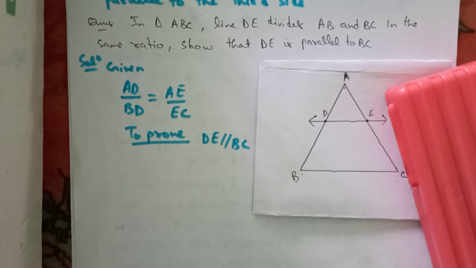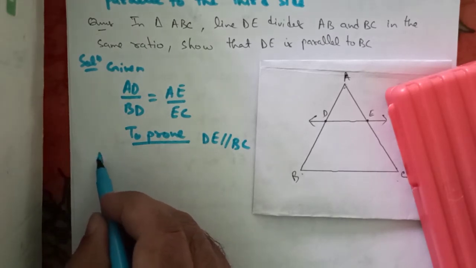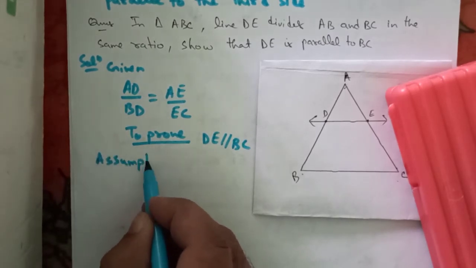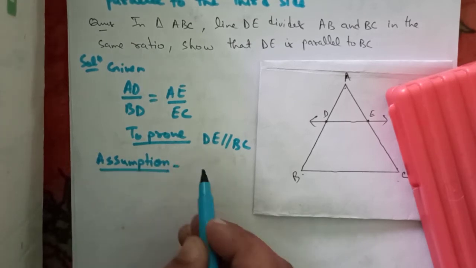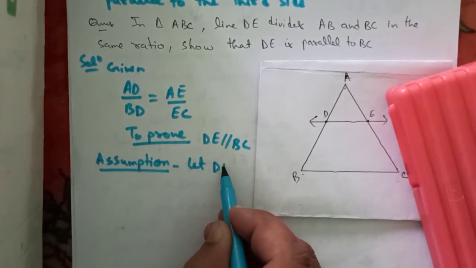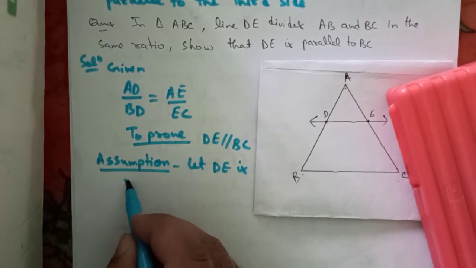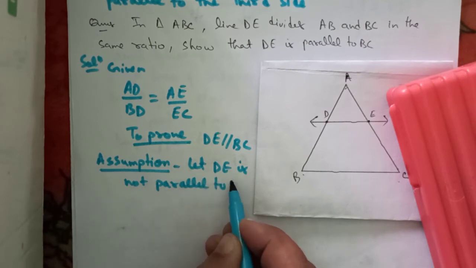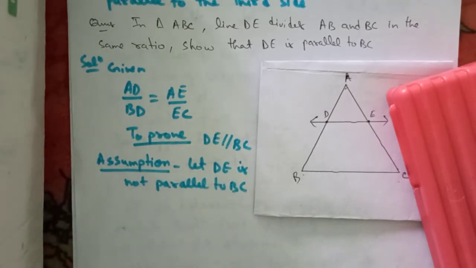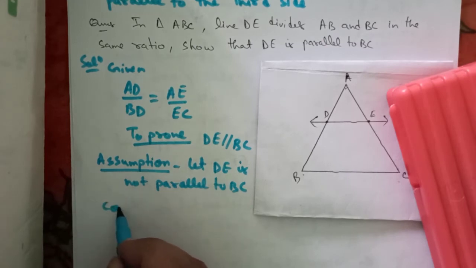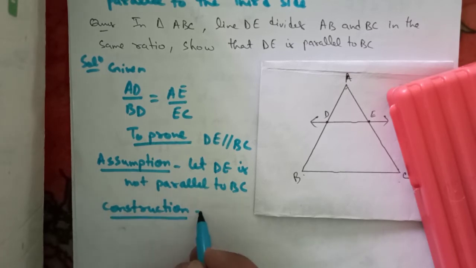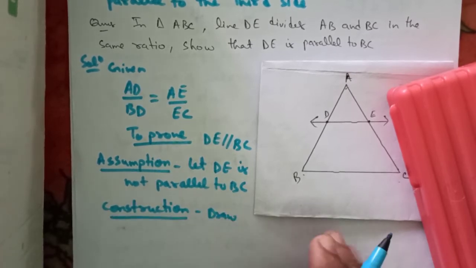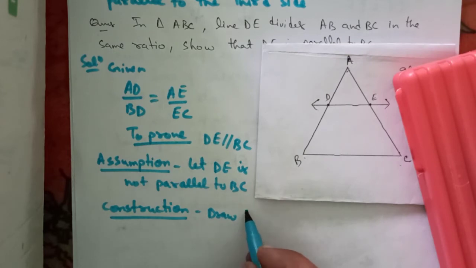First of all, we take the assumption: let DE be not parallel to BC. If DE is not parallel to BC, then we do a construction. We draw another line, say DE dash, parallel to BC.